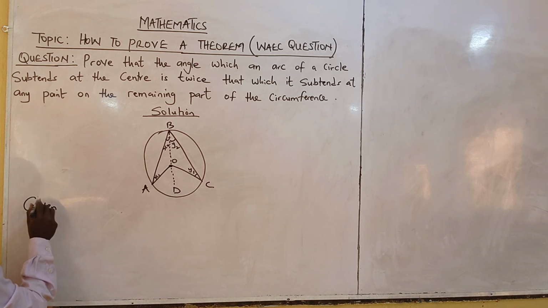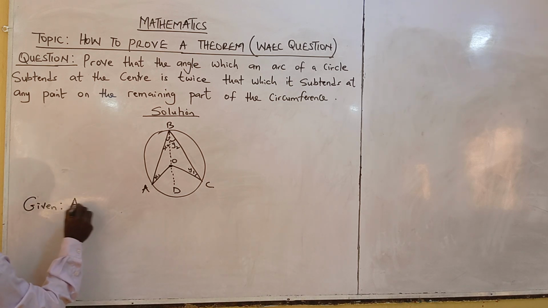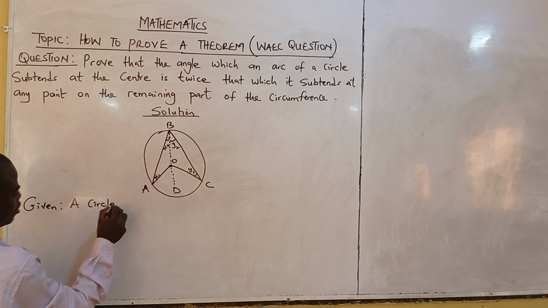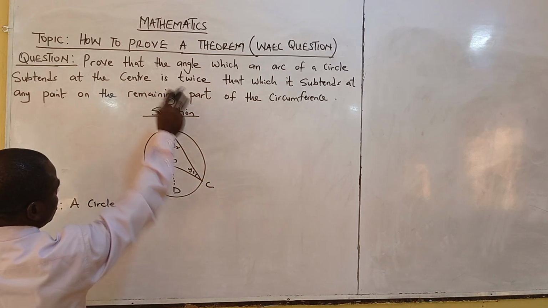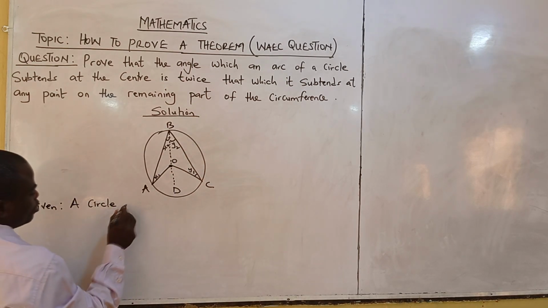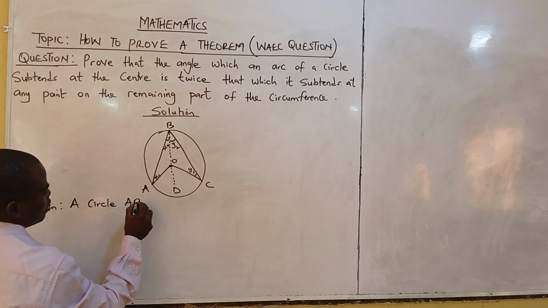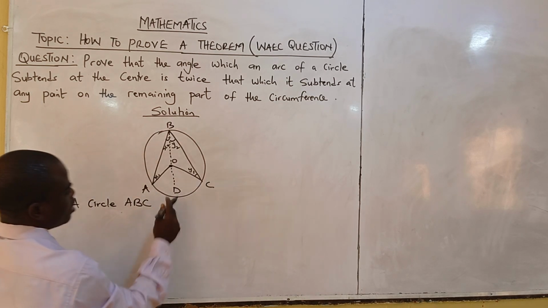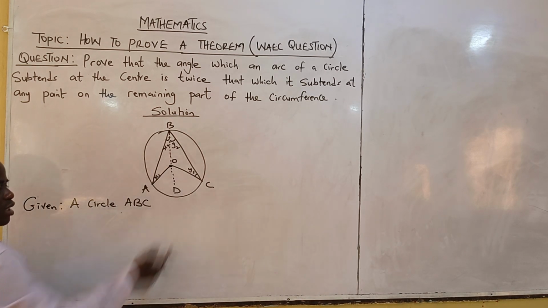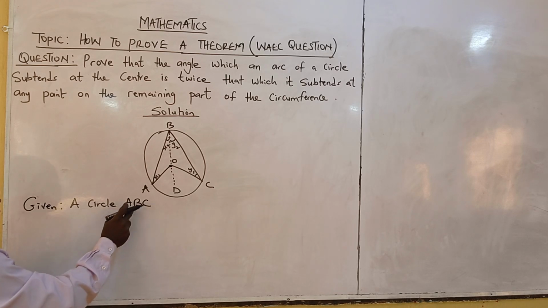Given first, a circle. You are the one that will draw the statement. Given a circle ABC, you can label it as ABC. You can label your own with any other alphabet, but you follow the labeling.